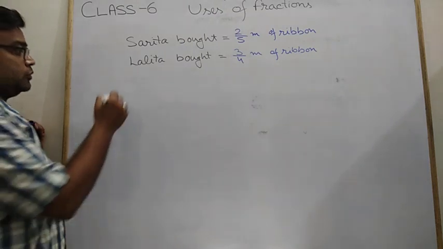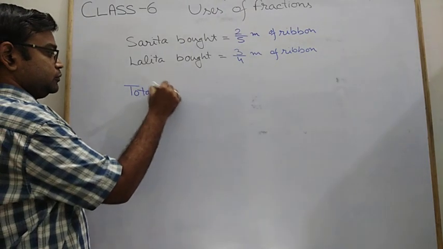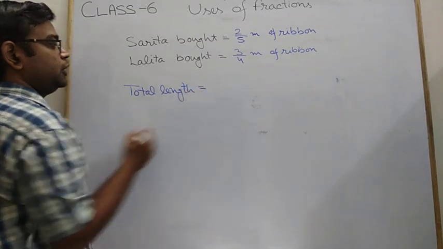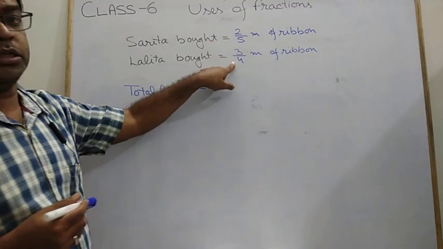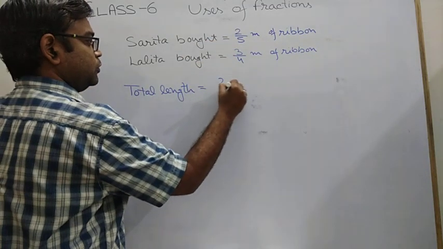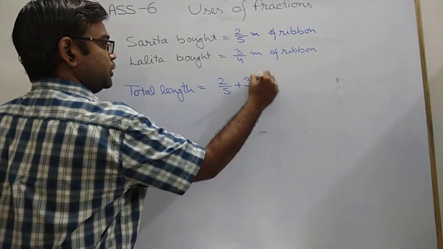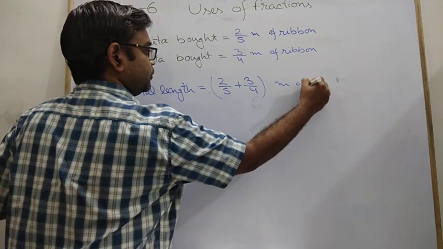So in this case Sarita and Lalita are there. The question asks you the total length of the ribbon. So, as we know, this is the solution part. Total length of the ribbon equals this plus this, in meters. So it is 2/5 plus 3/4, in brackets, meter of ribbon.